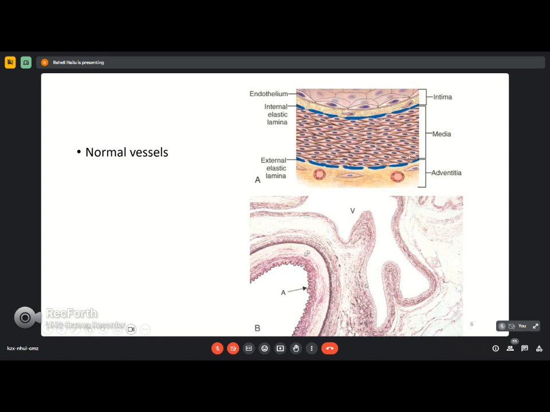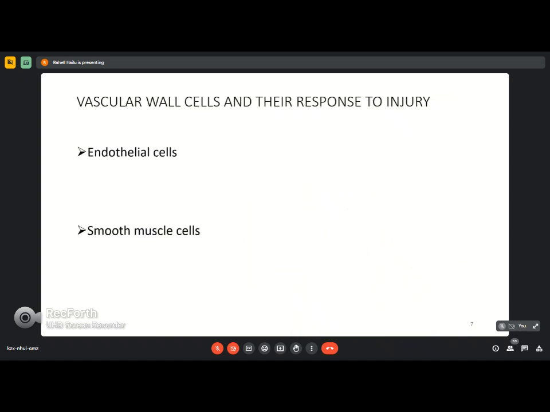You have the muscle wall next, and then the adventitia. And when you compare to veins, you see the muscular wall is much more thickened in the arteries than in the veins. The vein is usually easily collapsible because it's a low pressure vessel.